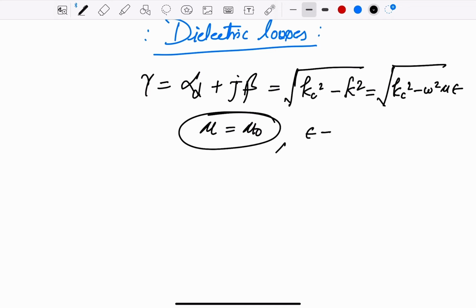And the permittivity can be written in terms of the relative permittivity, epsilon equals epsilon naught epsilon r times 1 minus j tan delta. This is a very obvious relation; we are recalling it for the permittivity.